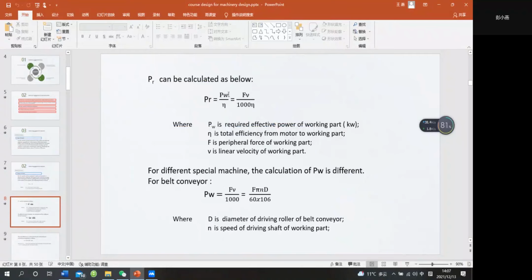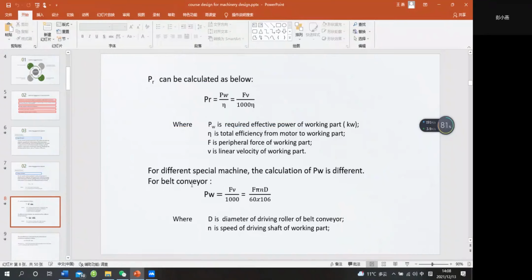PW is the required effective power, or power of the working part, and eta is the total efficiency from the motor to the working part. It is equal to F times velocity divided by this.